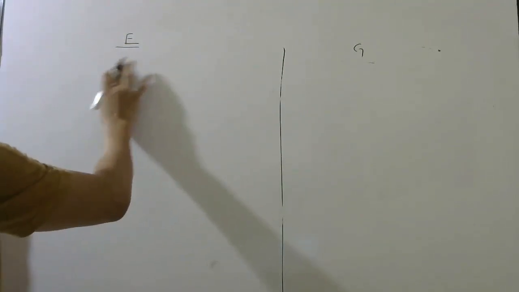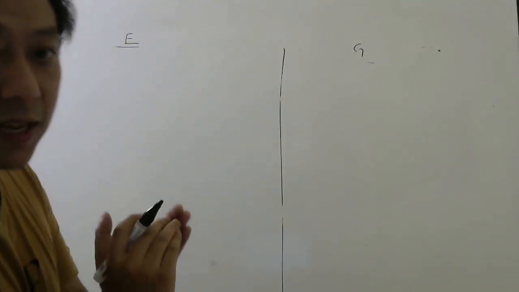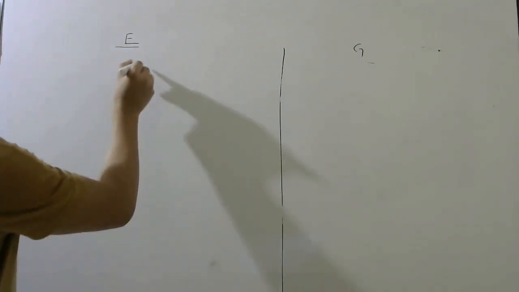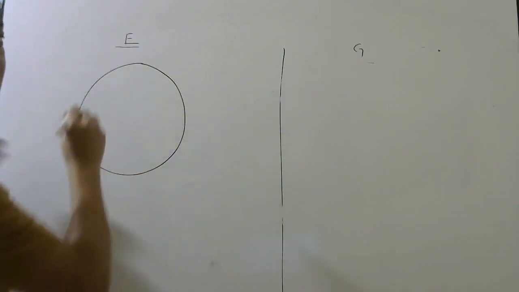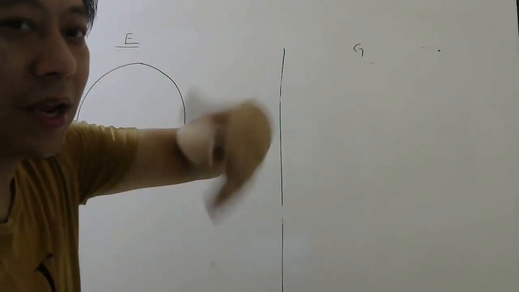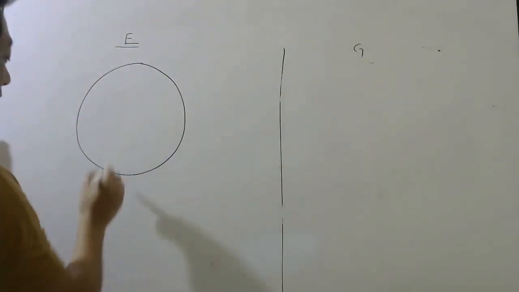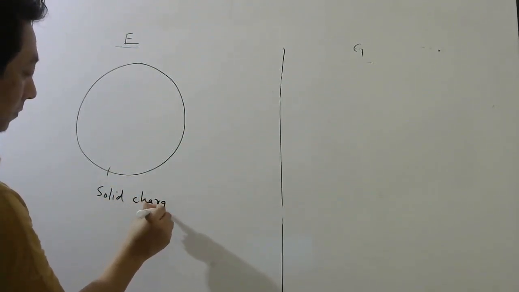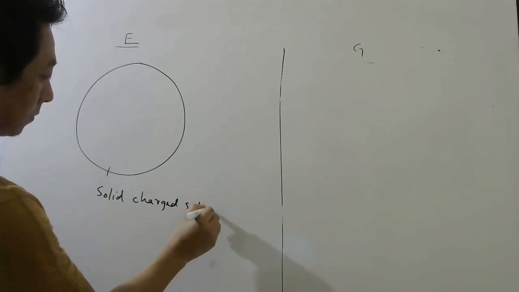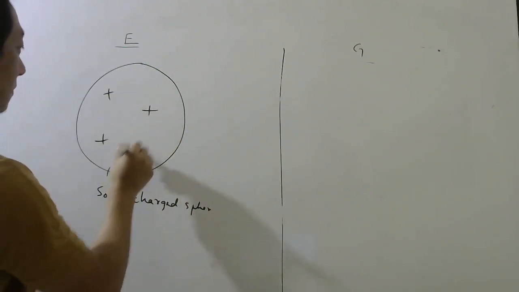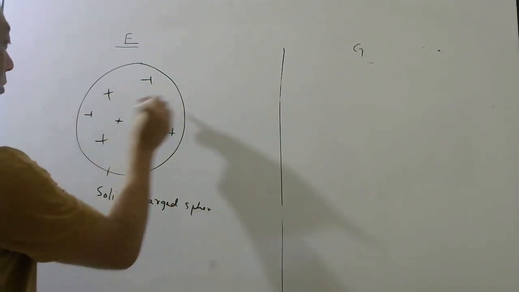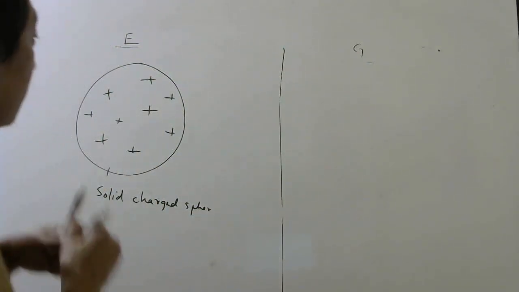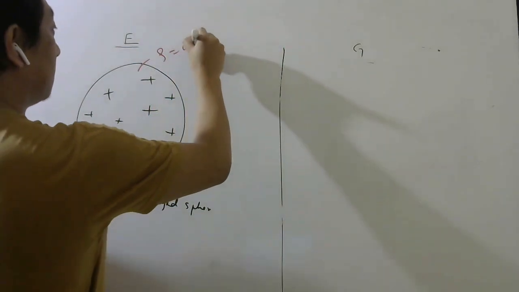Now let us see the formula for potential inside a solid charged sphere, non-conducting. Because if it is conducting, the charge will stay on the outer surface, so it will be like a hollow sphere only. So for a solid charged sphere, the charge is uniformly distributed everywhere, so the density is constant.